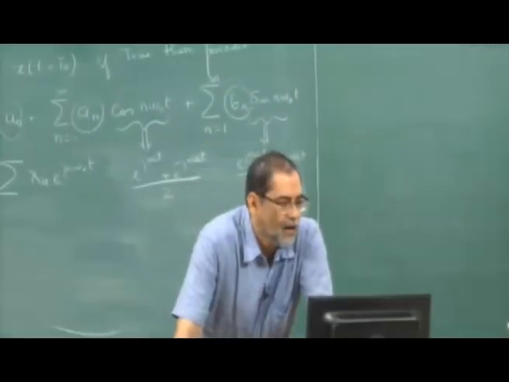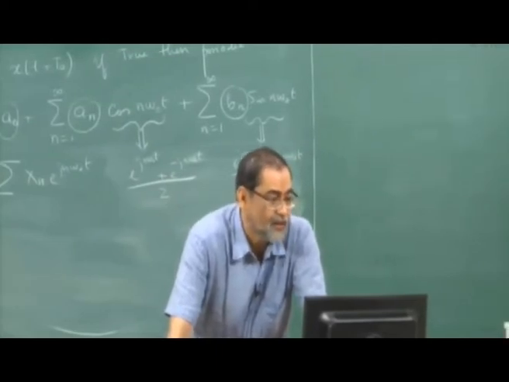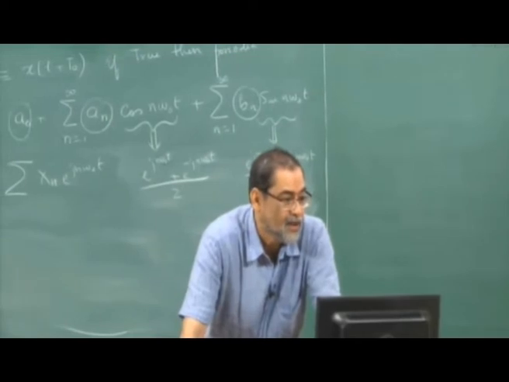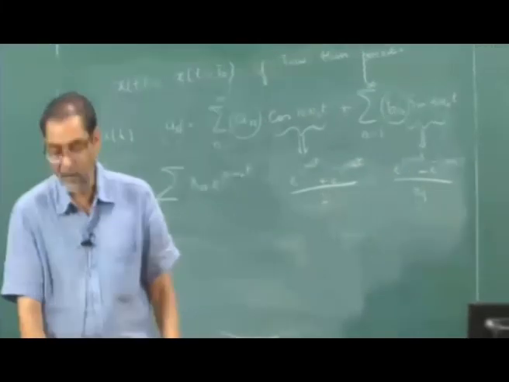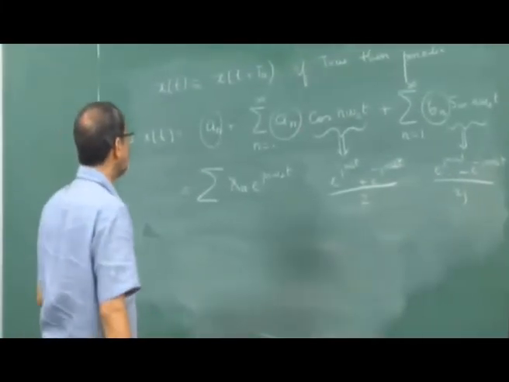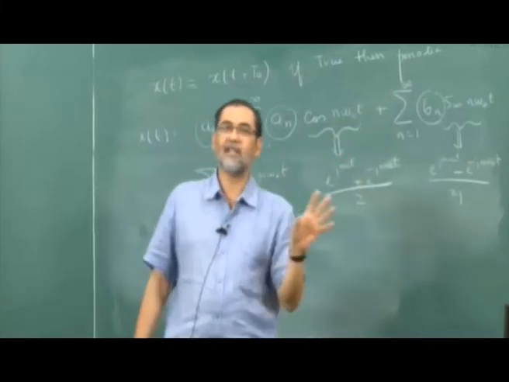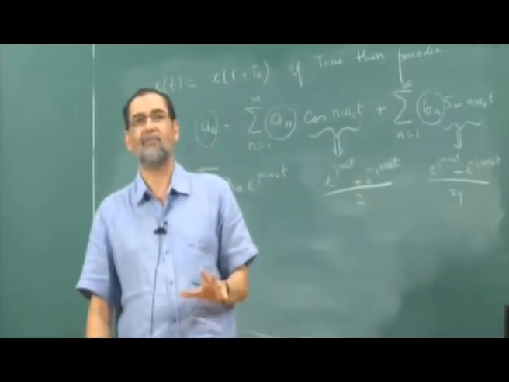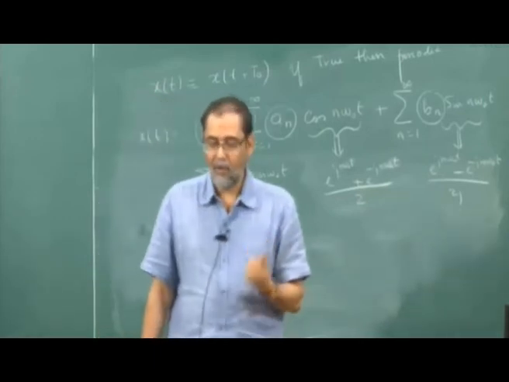The question from RIT SDS: is there any condition of convergence of x of t, as its expansion is an infinite trigonometric series? Good question, right? I've been emphasizing this point again and again. These are all infinite series, so please take them with a great amount of caution.